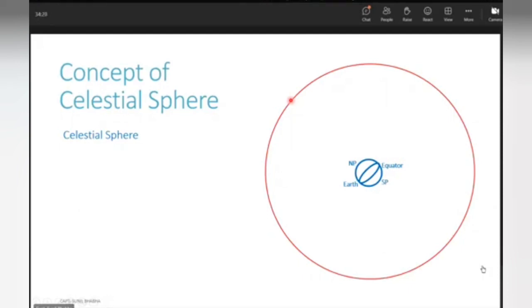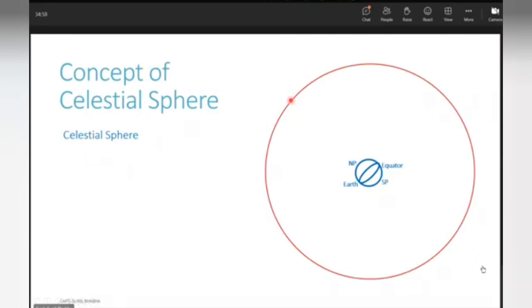So involving these objects and finding our position on the surface of Earth, fixing up the ship's position, was made possible only with the assumption of this celestial sphere. As I told you, this is an imaginary sphere. We have assumed it. Now, how does it help us to get the items or solve the questions which we need? How does it help us to find the position?